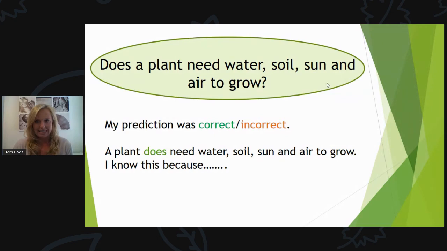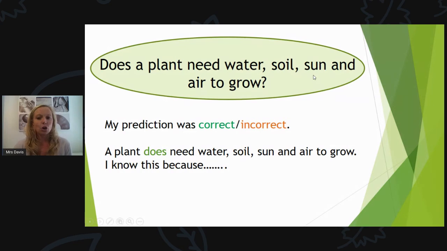They definitely needed sun, didn't they? What happened to the ones that were in the soil but were in the cupboard, in the dark? Yeah, it grew, didn't it? But it wasn't green. And we needed that important green element, because plants need that so they can undertake photosynthesis.